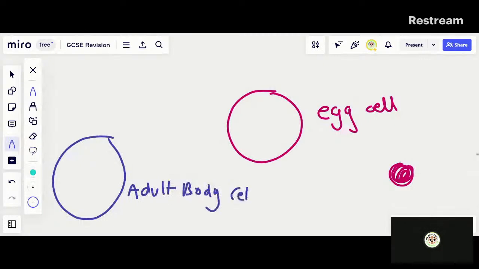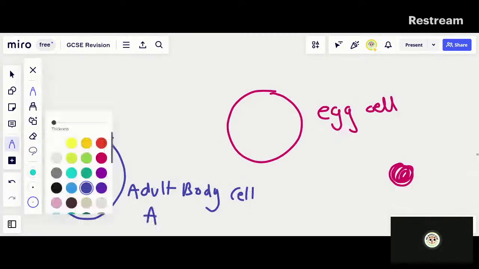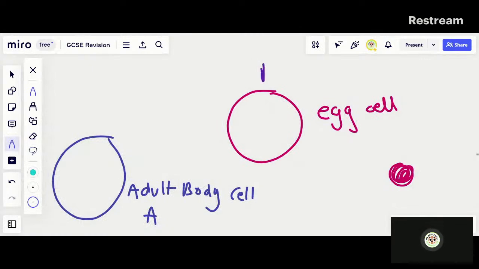So imagine you being this person. You are person A, and person B, which the egg cells have come from, it doesn't really matter. So person A, imagine here's your nucleus, and for some reason you want to make a clone of yourself. So you're just going to take your nucleus and put it in the denucleated egg cell.